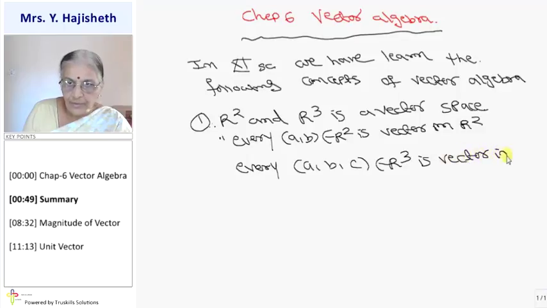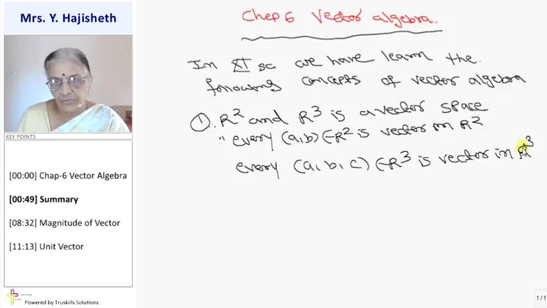So हमारे मैथ्स में R square and R cube के member are vectors. हम physics की तरह नहीं सीखने वाले. In physics, vectors are those physical quantities which require magnitude and direction both for complete specification. But as far as our mathematics is concerned, our knowledge is restricted to R square and R cube only.